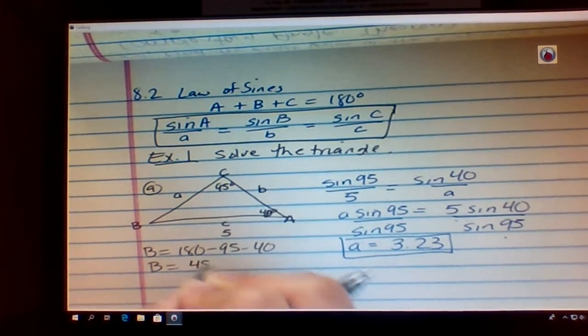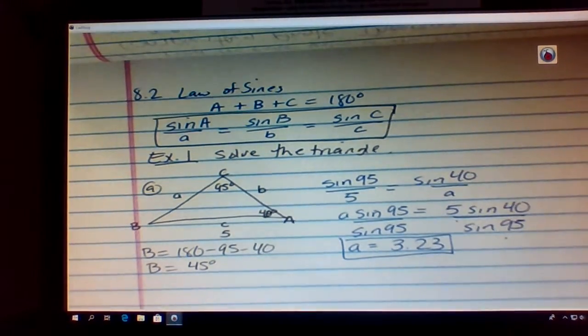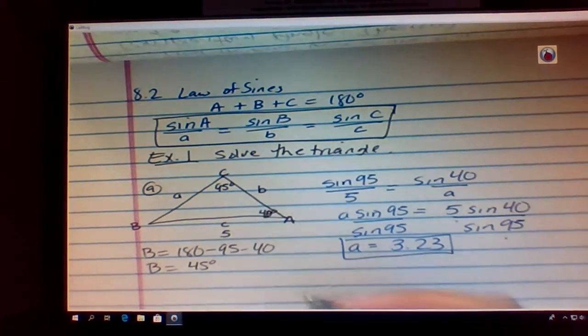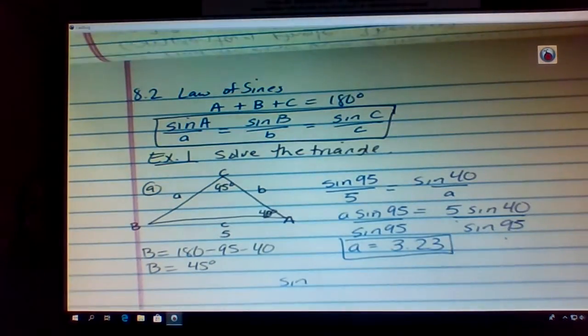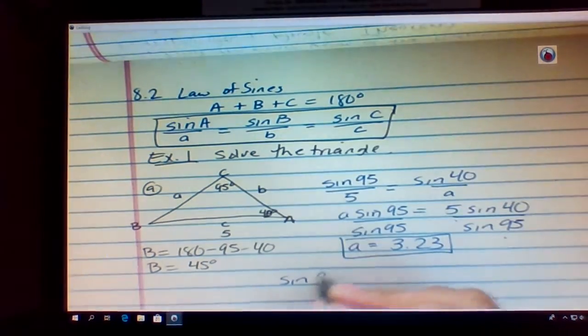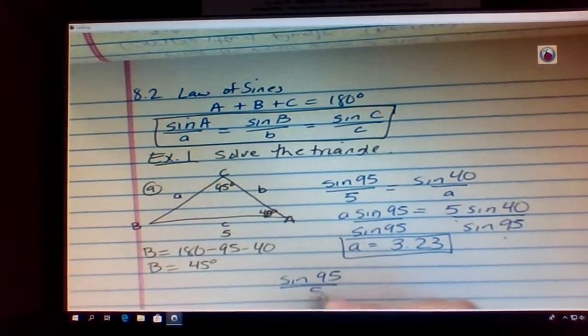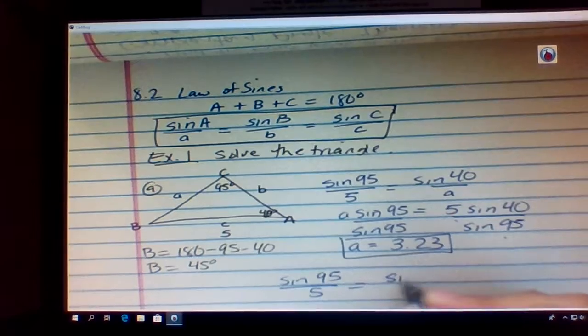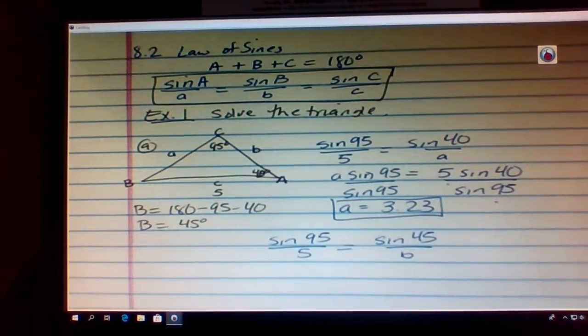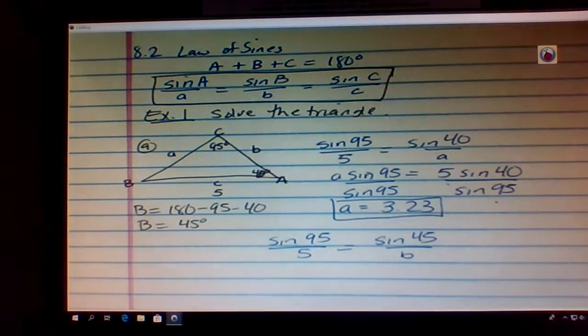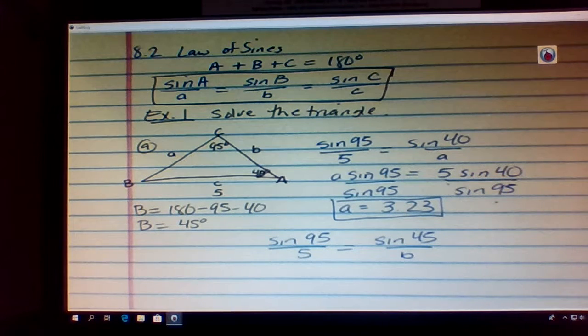Now I'm still going to use sine of 95 over 5 equals sine of 45 over little b, and you do exactly the same steps.